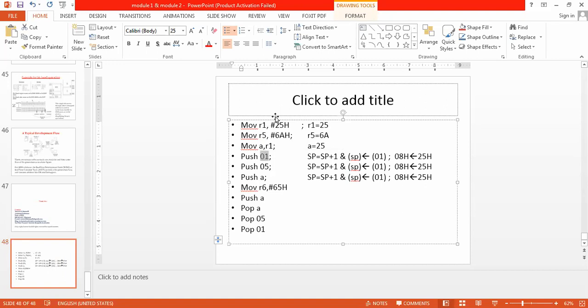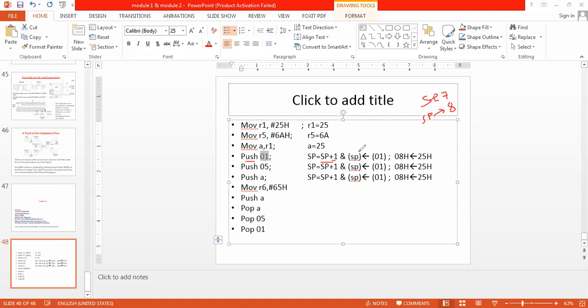Whenever push is executing, first SP will be incremented by 1. What was the SP value? It was 07. Then plus 1. So now SP will be pointing to 08.